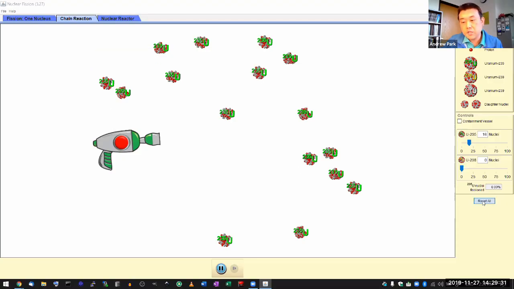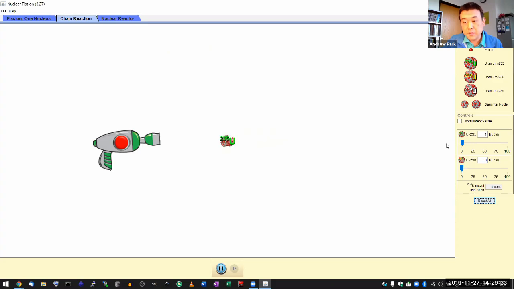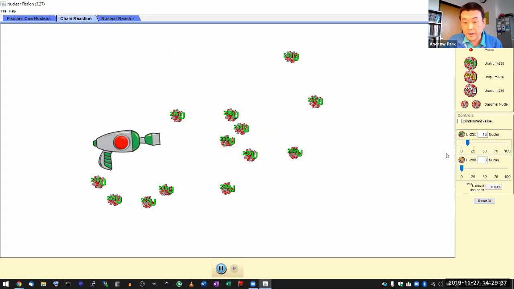For us to get a chain reaction, what we need is not just a few atoms. I think right now, the way these are arranged, it's probably more likely to get a few more reactions. Okay, that was a little bit more interesting than before.